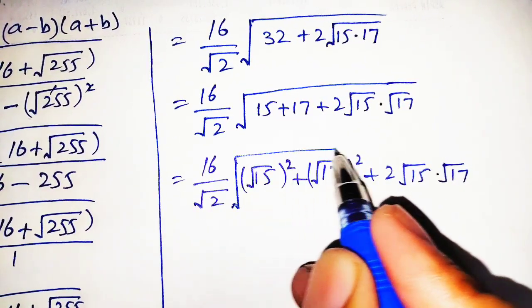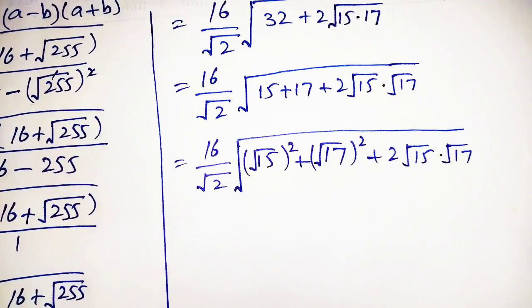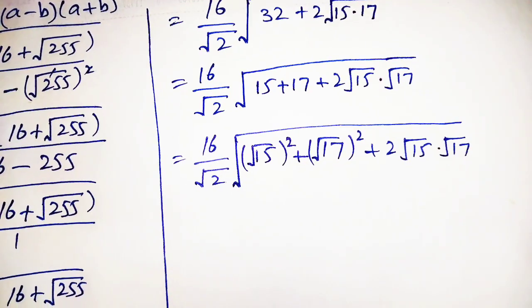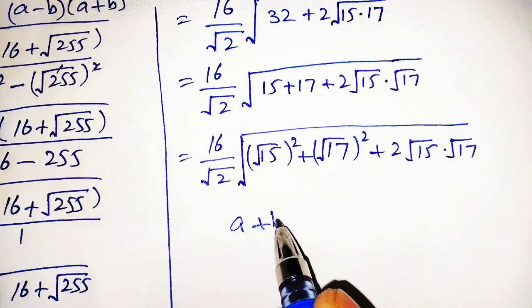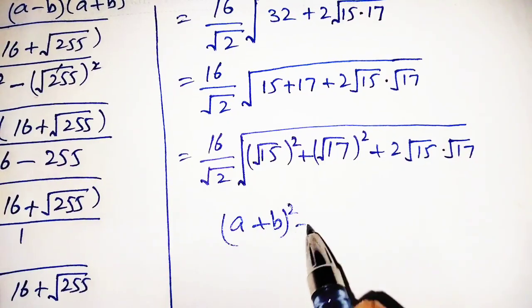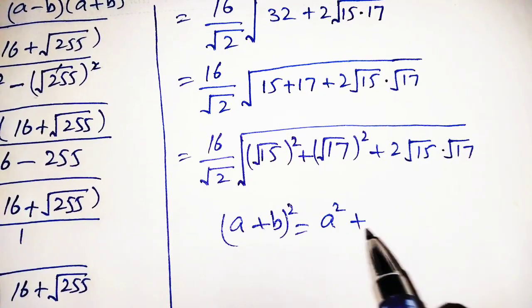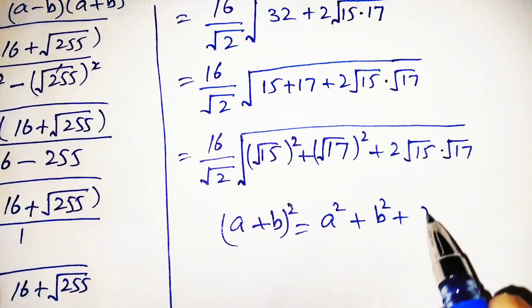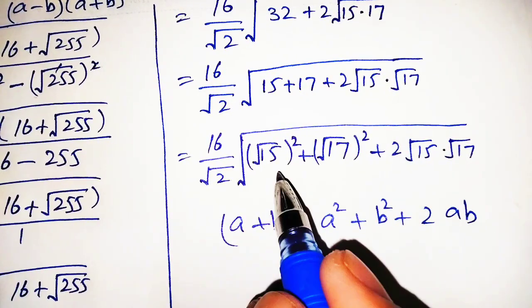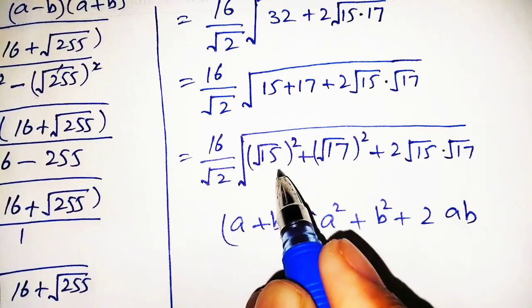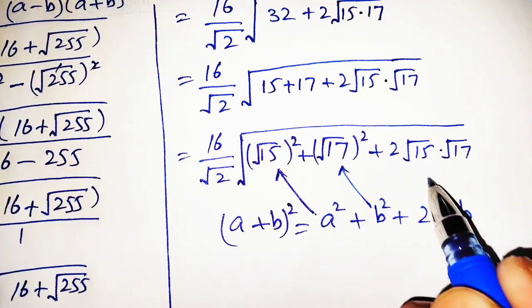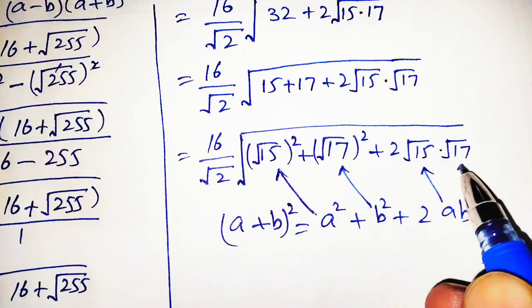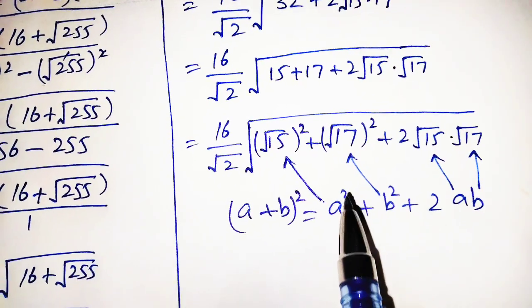Now we can see that it is a proper form of the famous mathematical formula, which is given as a plus b whole square is equal to a square plus b square plus 2ab. Here this is the a square, this is b square, 2 times a and b. So it is the complete formula.